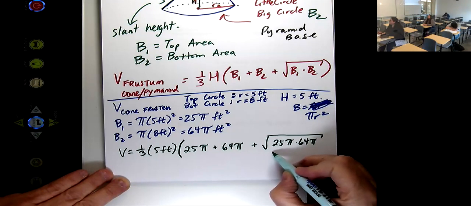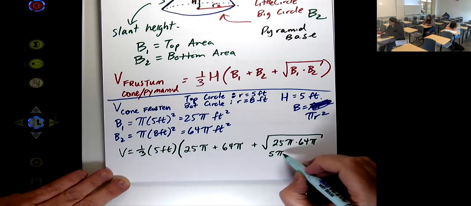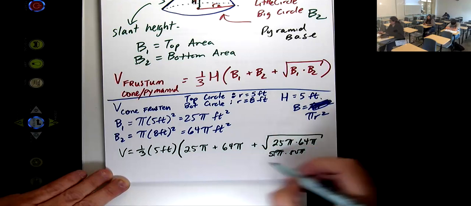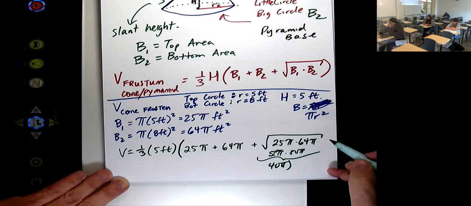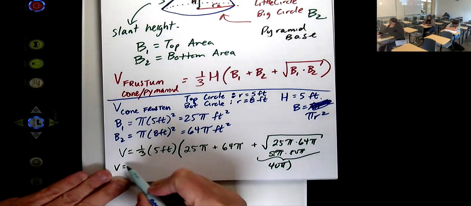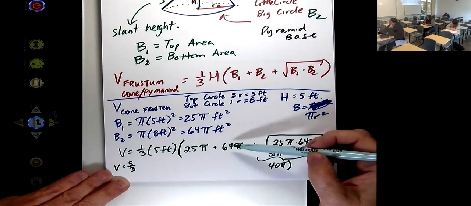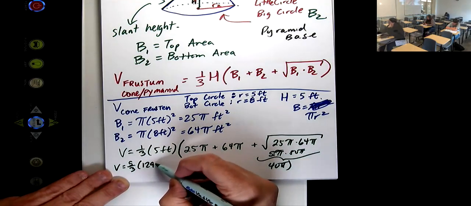This brings out a 5 pi, and that brings out an 8 square root of pi. So this whole part is 40 pi. So V equals 5/3 times, I've got 25 plus 64 plus 40, is 129 pi.